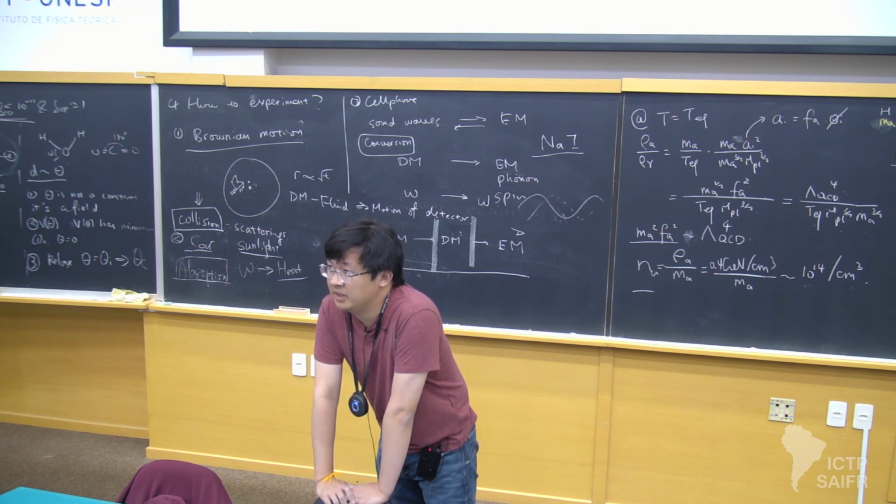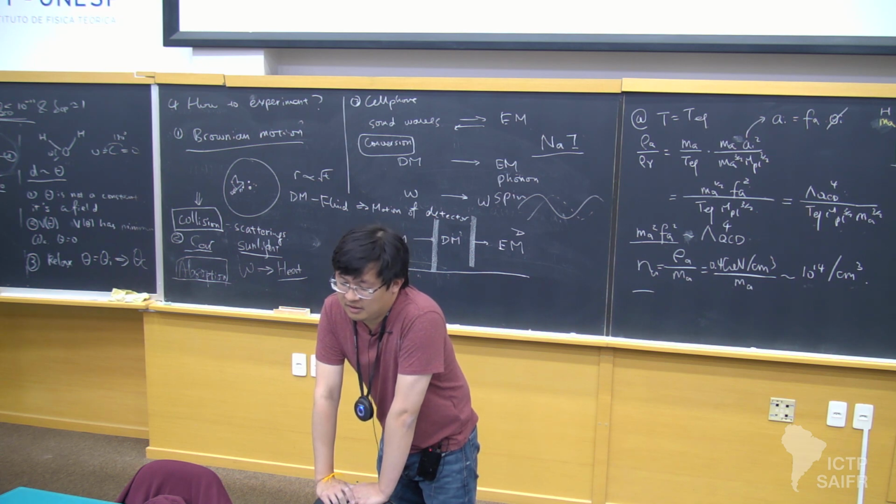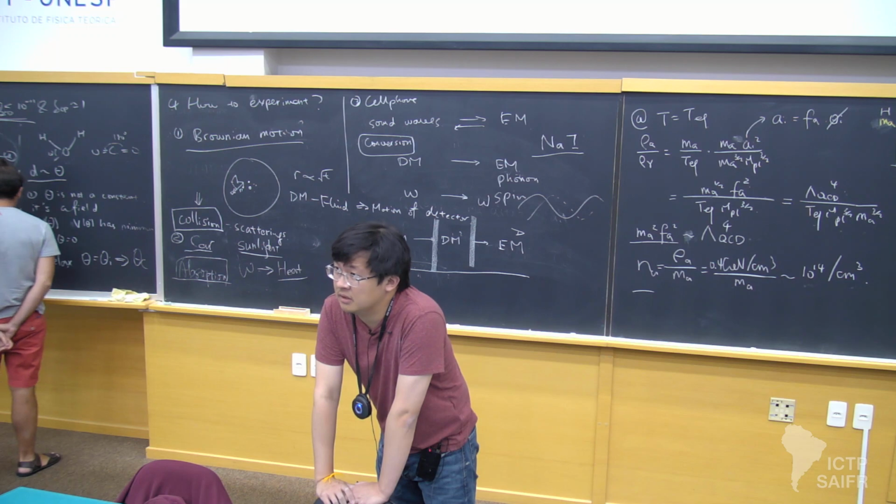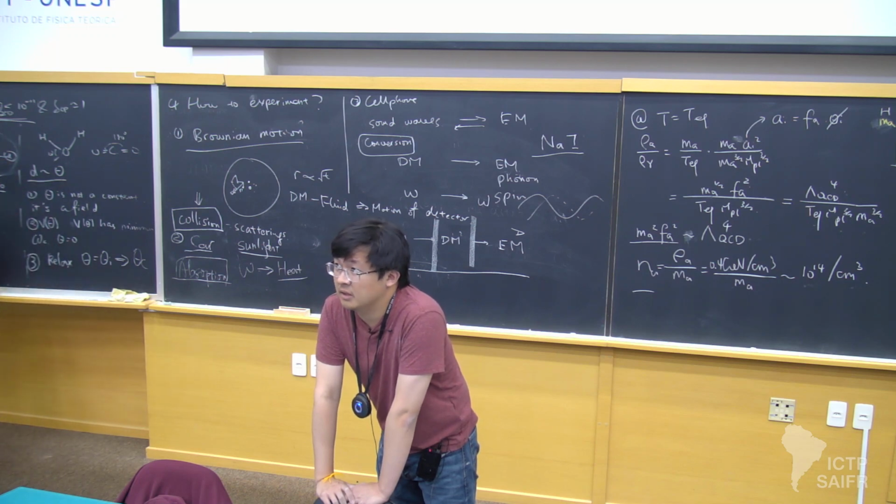WIMPs for that reason. Most of the other dark matter detectors are on the scale of $1 million, and most of them are WIMP detectors. When you combine them, it can be on the order of $100 million in total.